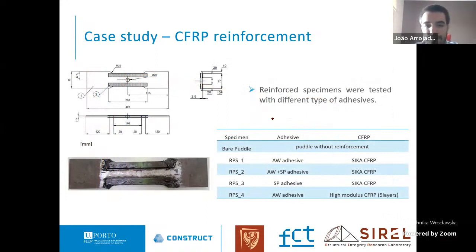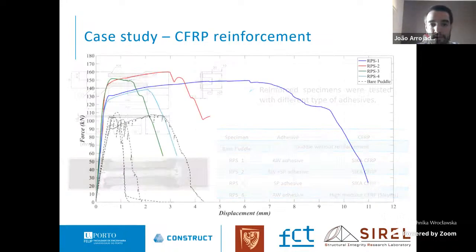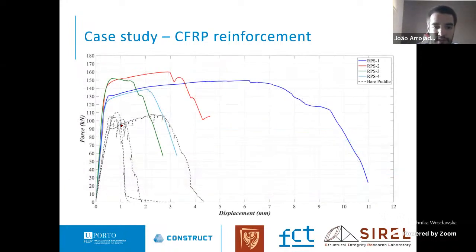This is the setup of the reinforcement solution, and we tested some different types of adhesives, brittle and ductile ones, with the CFRP and the puddle iron. And we can see here on these dashed lines, this is the bare puddle iron. And in colors, we have the reinforced samples.